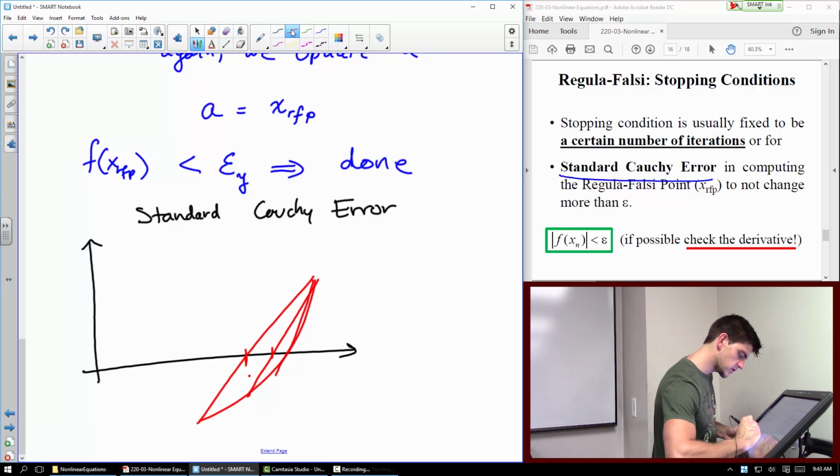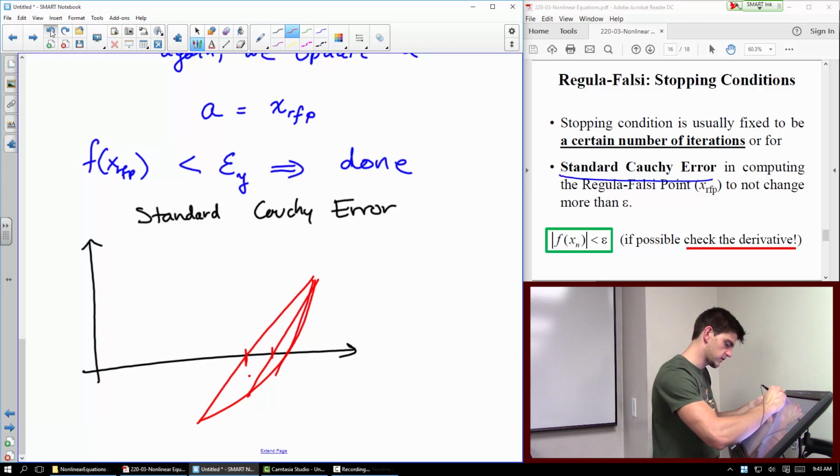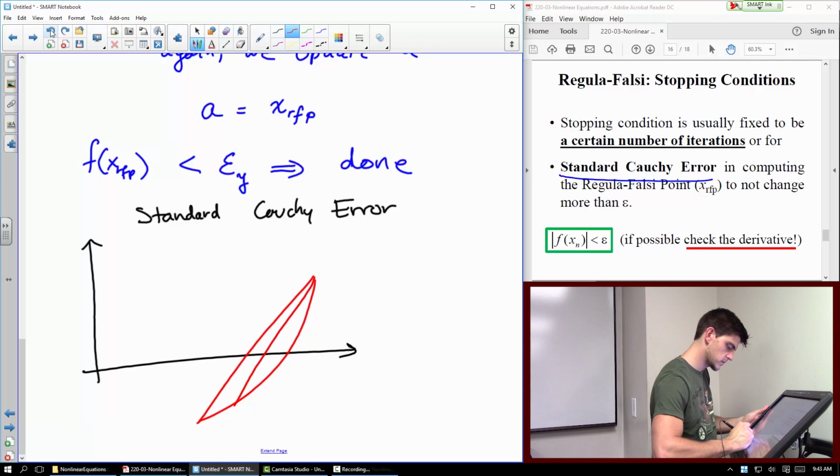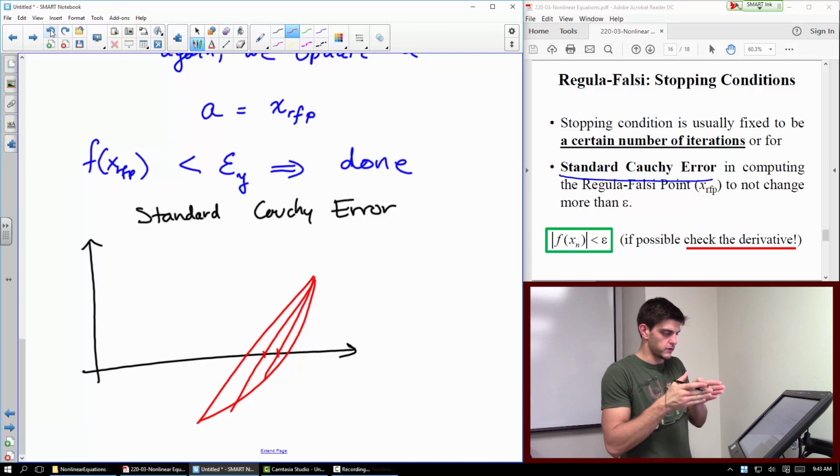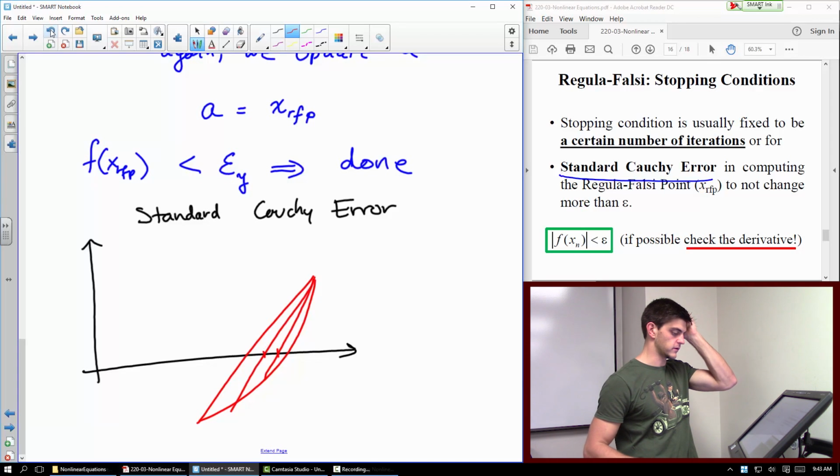And you can see that with each step, you're taking a smaller and smaller step. XRFP changes by a smaller and smaller amount after every single iteration.